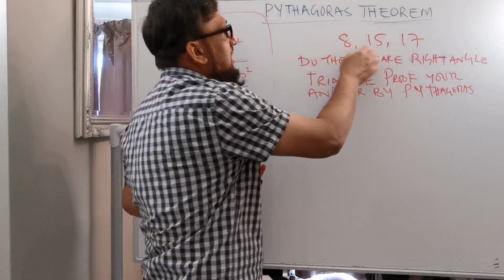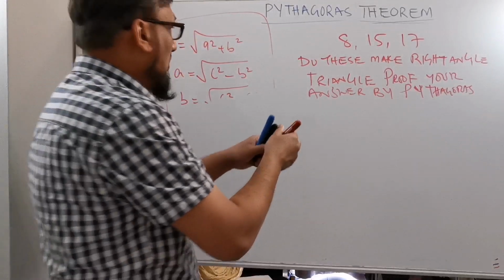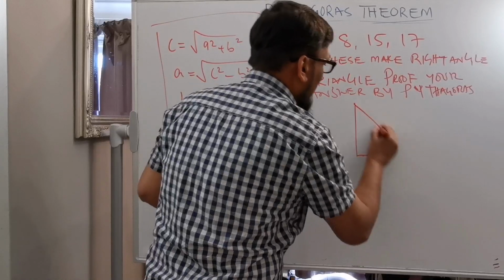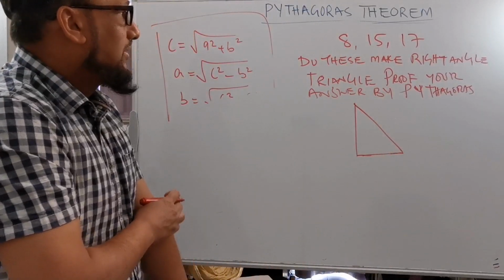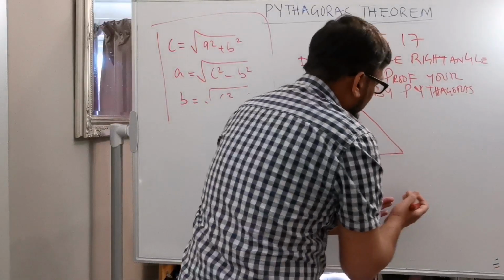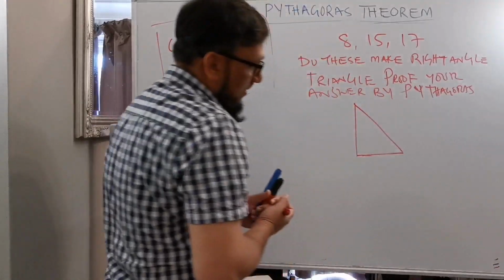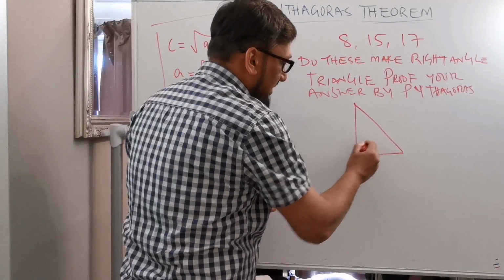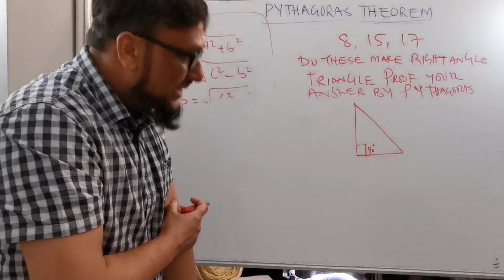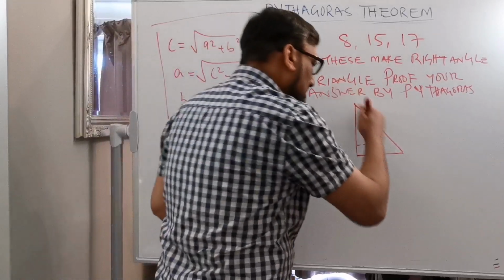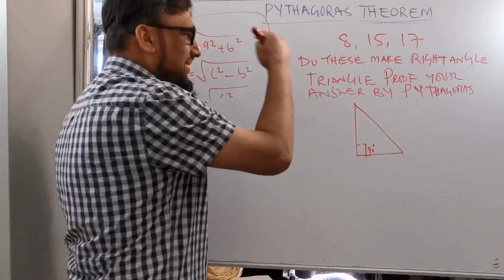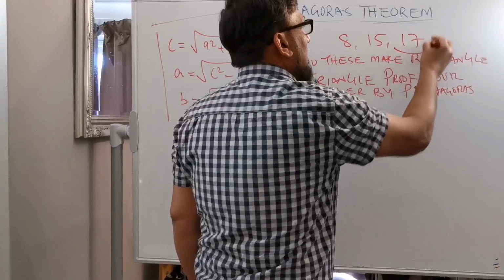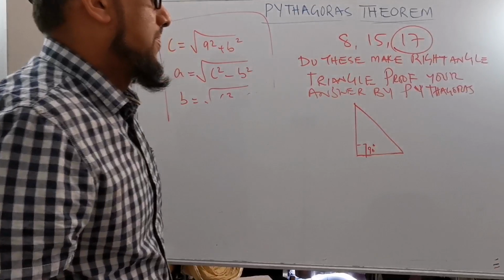So the values are 8, 15, 17. First, we take a triangle. We know the hypotenuse is opposite the 90 degree angle, and the longest line of a right angle triangle is called the hypotenuse.